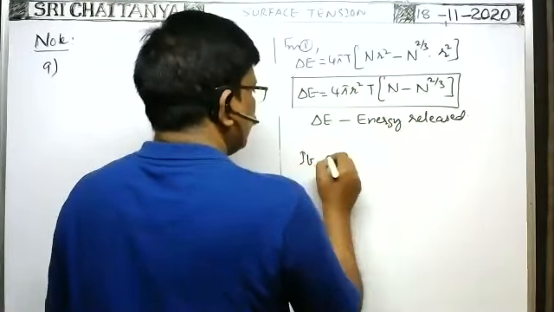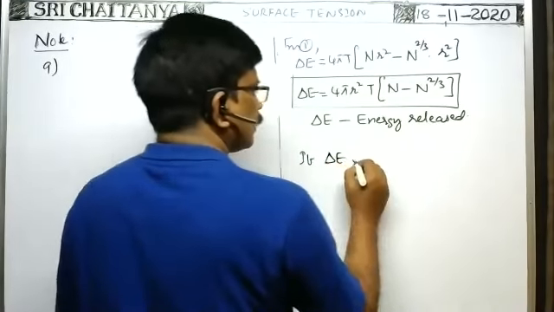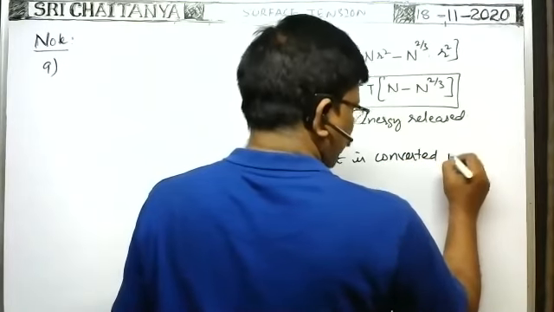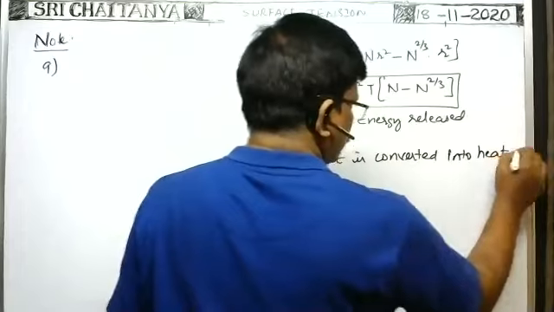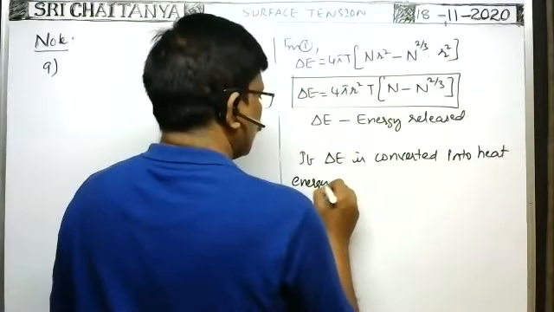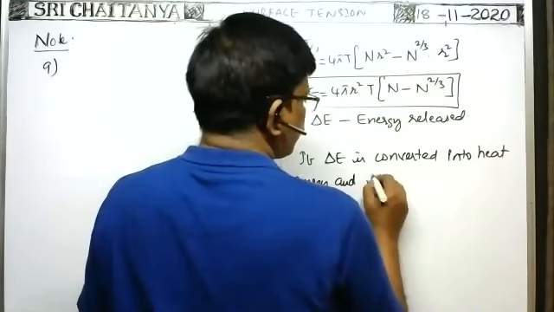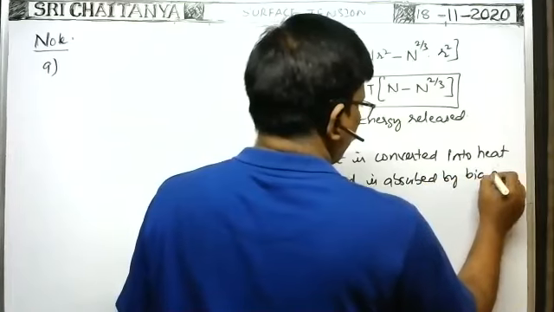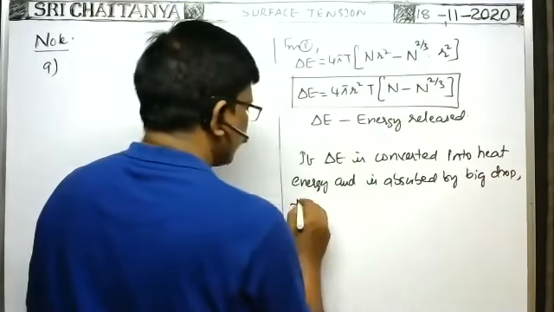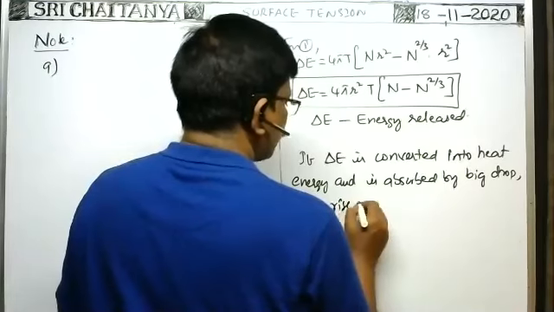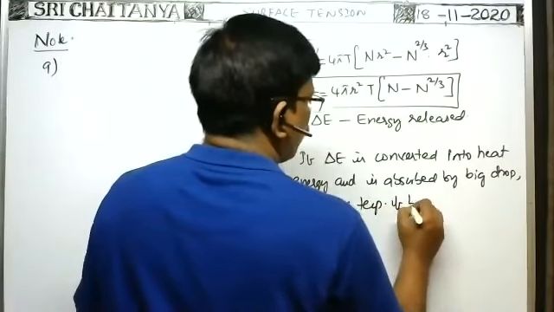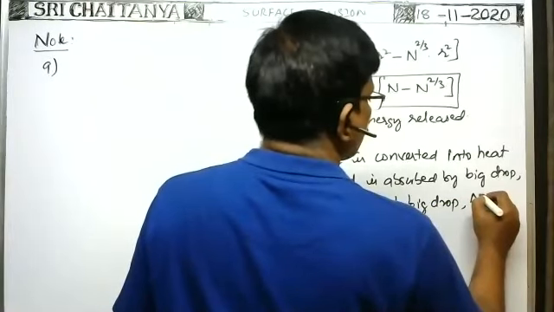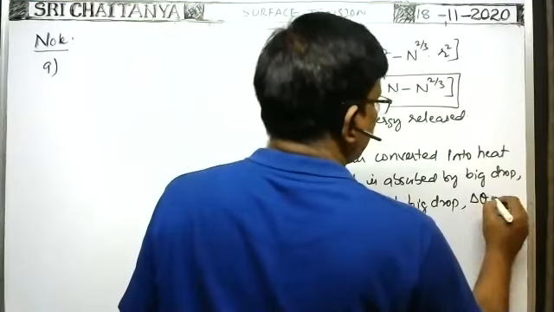If this energy released is totally converted into heat energy and is absorbed by the big drop, then the rise in temperature of the big drop, delta T or delta theta, whatever it may be, delta theta is equal to question mark.